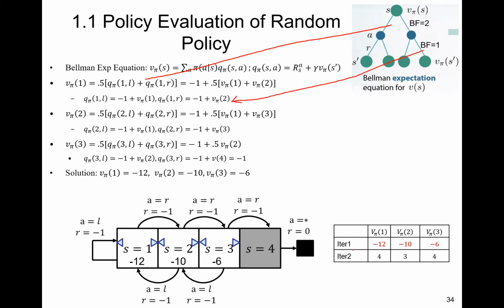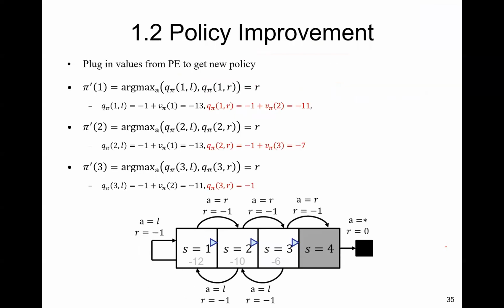So you solve for the value functions for the random policy, and you perform policy improvement to get the initial round of policies with the gray values.